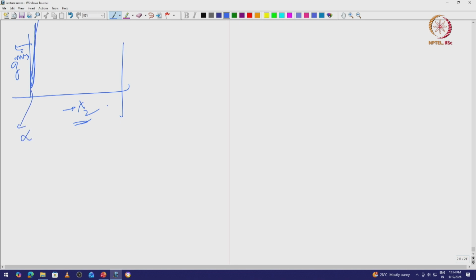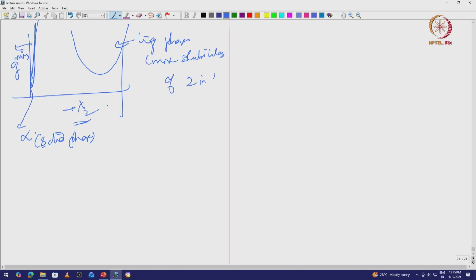This is for the alpha phase, the solid phase, and then I am comparing it with a liquid phase. Of course in a liquid phase there can be more solubility of 2.